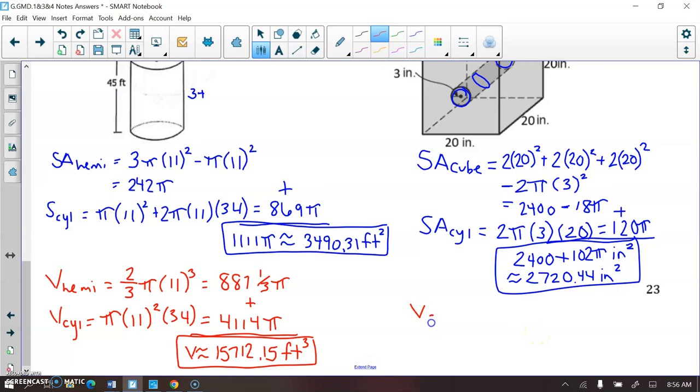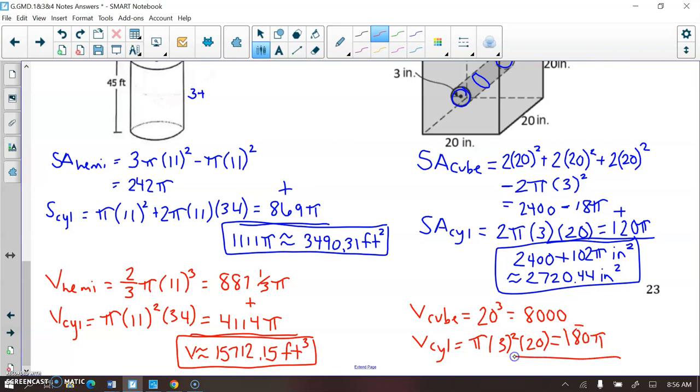So the volume of the cube is going to be 20 cubed, which is 8,000. And then I'm going to subtract the volume of the cylinder. And the volume of the cylinder is pi times 3 squared times 20, which is 180 pi.